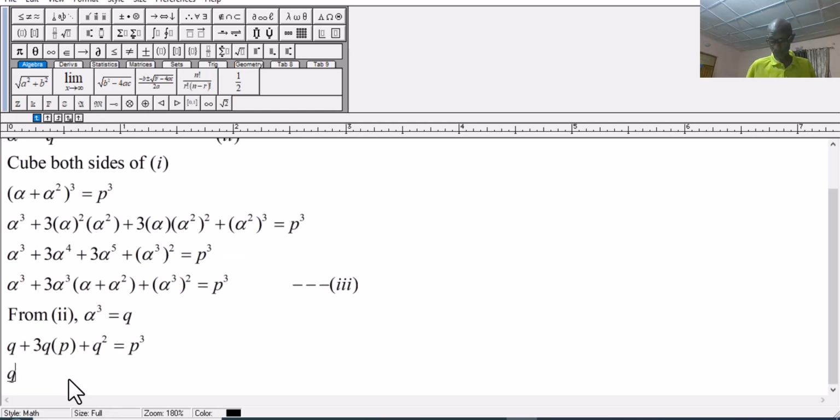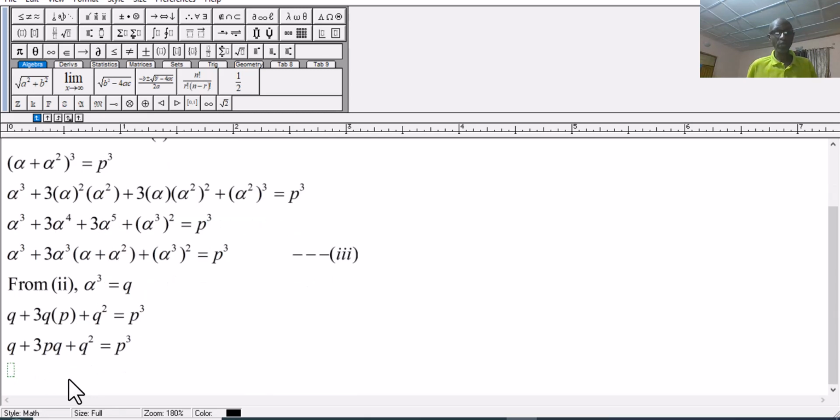We have q plus 3qp plus q squared equal to p cubed.